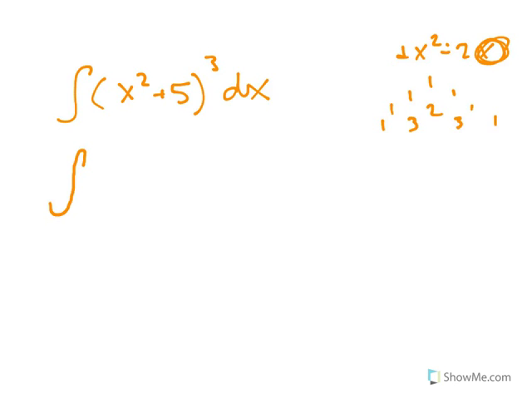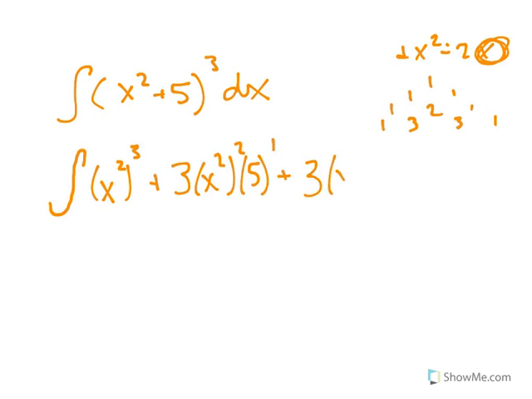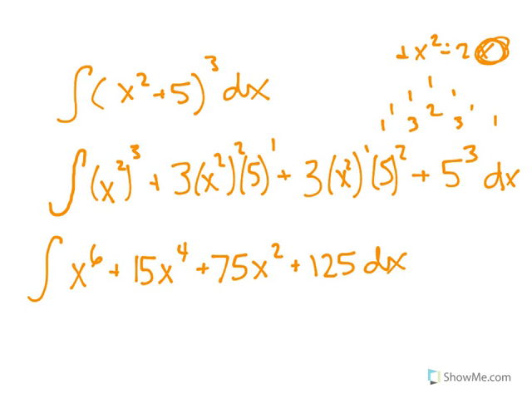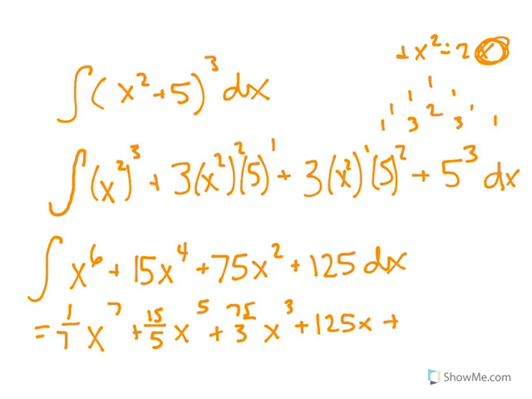It's equal to the integral of x squared to the third, plus 3 times x squared to the second times 5 to the first, plus 3 times x squared to the first times 5 to the second, plus 5 to the third, which is equivalent to this when expanded out, which when you solve it out will be 1/7 x to the 7th, plus 15 over 5 x to the 5th, plus 75 over 3 x, plus 125x, plus c. It's a long problem, I know.